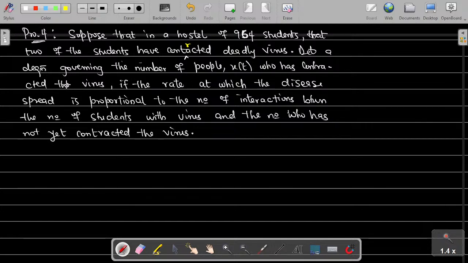Determine a differential equation. Please take note of some of these abbreviations. Determine a differential equation governing the number of people at a particular time, that's x of t, who have contracted the virus, if the rate at which the disease spreads is proportional to the number of interactions between the students with the virus and the students who have not yet contracted the virus.